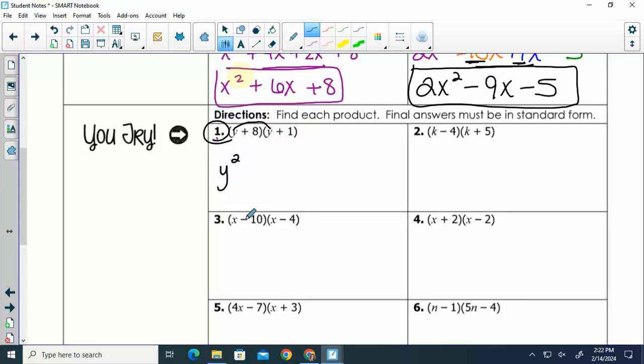Several people were putting like 2y squared when they did that on their homework yesterday, but you're just multiplying there. So then y times 1 would be a 1y. 8 times y, an 8y, plus 8. So our final answer is y squared plus 9y plus 8.